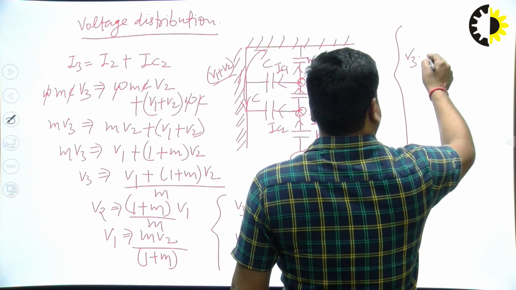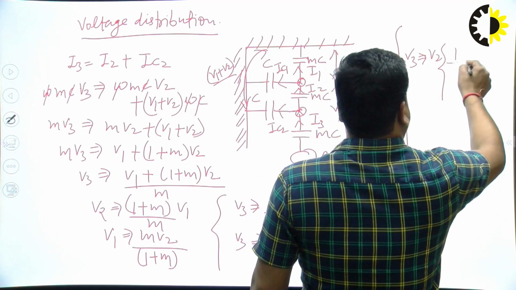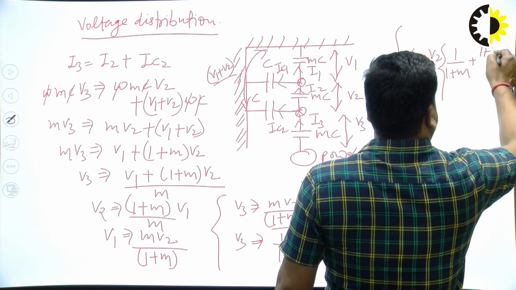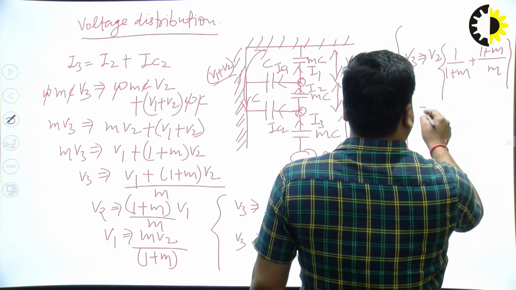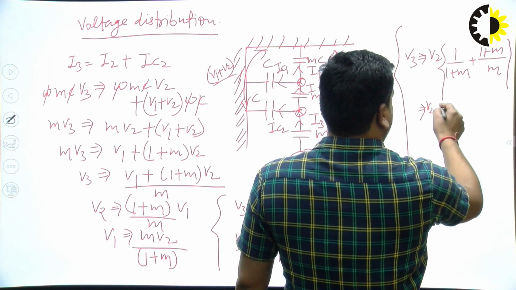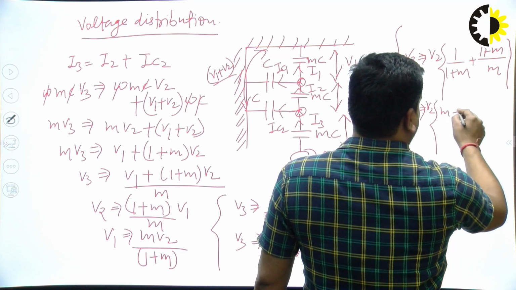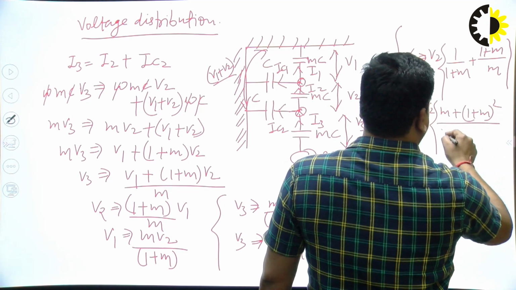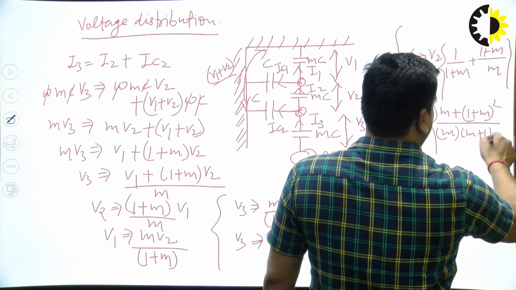For V3, we can take V2 common: 1 upon (1 plus M) plus (1 plus M) divided by M. So V3 is V2 times M plus (1 plus M) whole squared divided by M, plus 1.